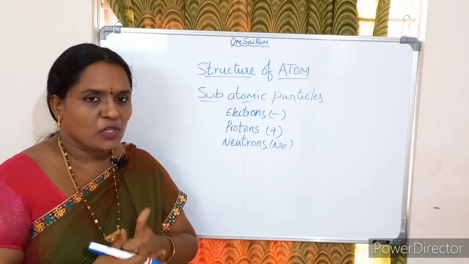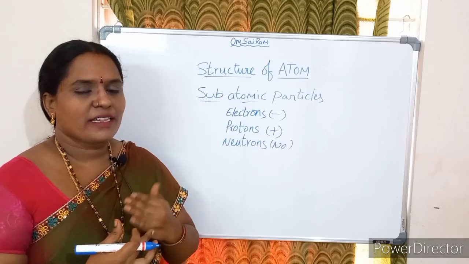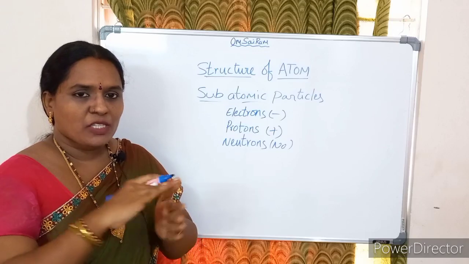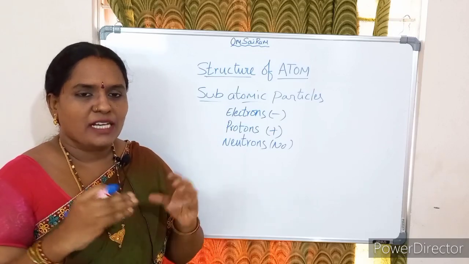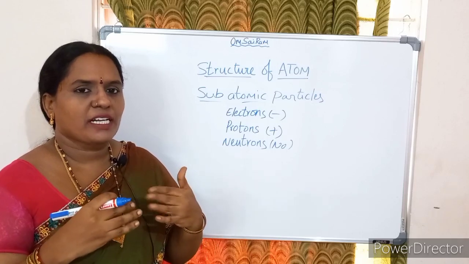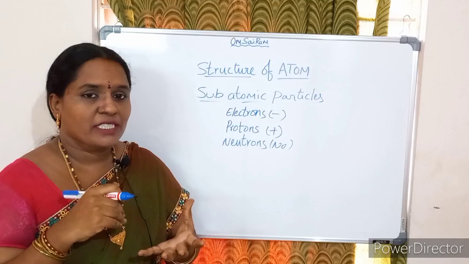We have seen J.J. Thomson's plum pudding model. In that, positive charge is distributed in the atom in the form of a pulp. For example, consider a watermelon, how the pulp is distributed all over it.